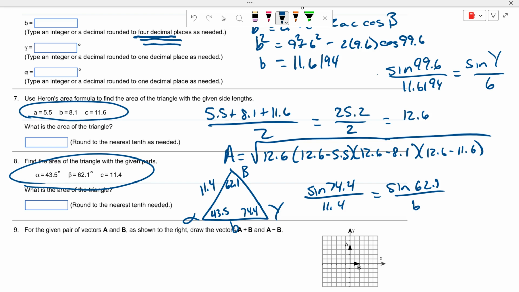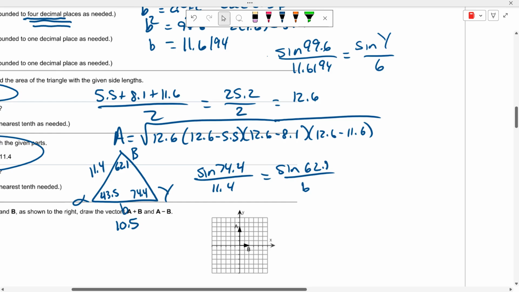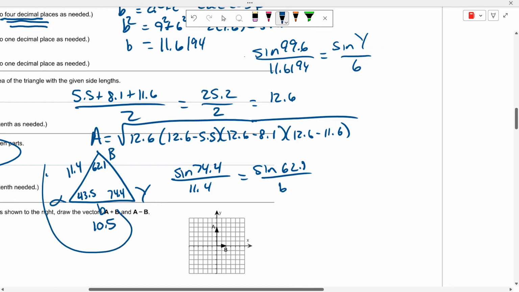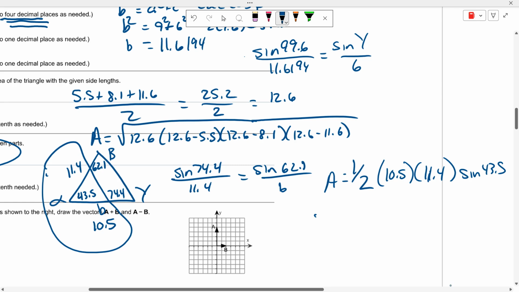What did you get, Samantha? 10.5. Even if it's wrong, we're fine. I just want to make sure you know how to set up the next part. So here we have side, angle, side, so we go 1/2 of 10.5 times 11.4 times the sine of 43.5. And then that'll give you the area. Okay? So that's the process.